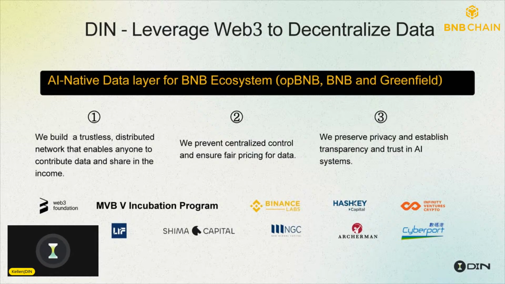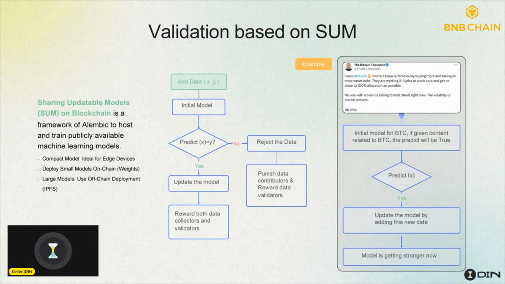So to ensure the data is being used effectively and transparently, we are introducing sharing updatable models. This framework allows us to host and train publicly available machine learning models in a decentralized, verifiable way. So with this, we are making AI models more accessible and adaptable.